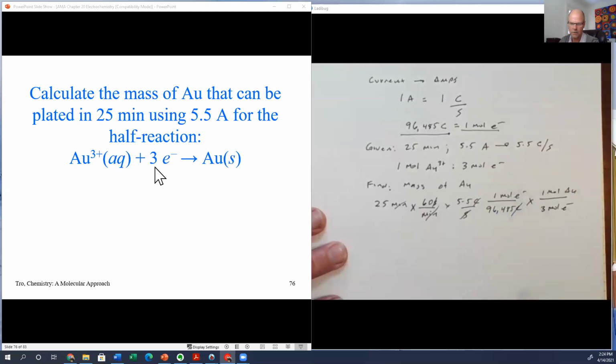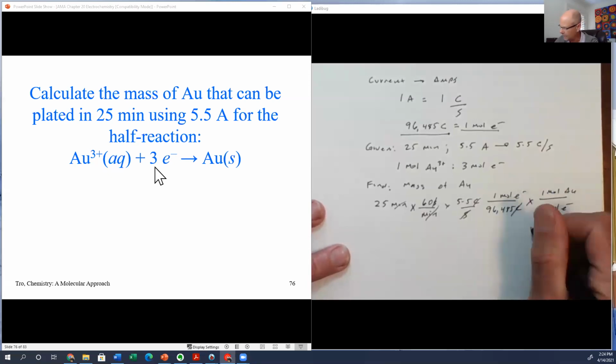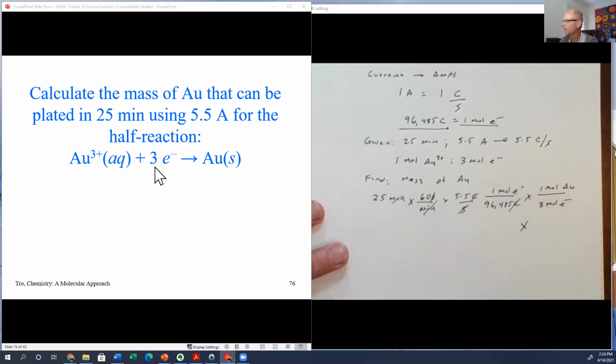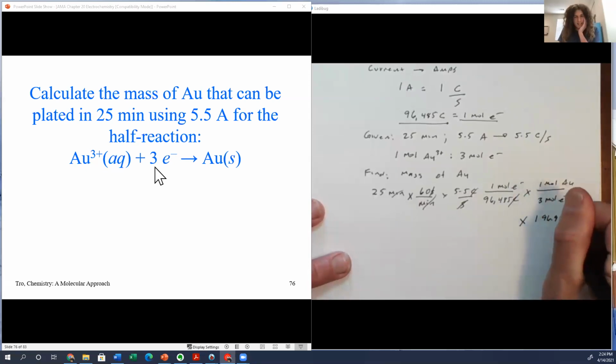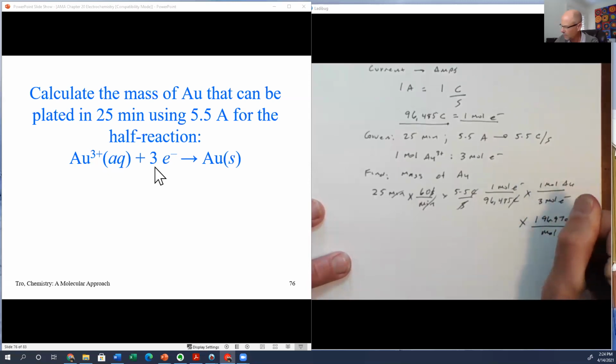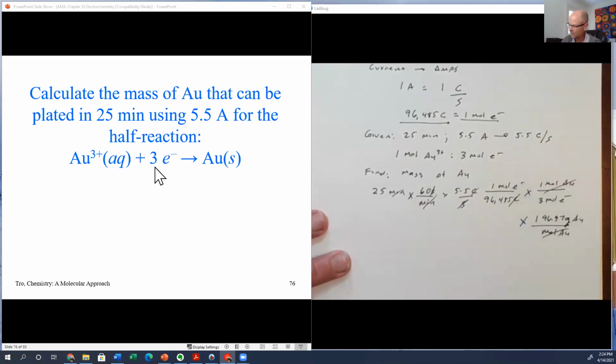That gets us to moles of gold. If we want grams, we need one more step: the molar mass, 196.97 grams per mole of gold. That gets us to grams of gold.